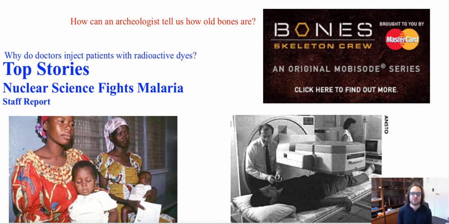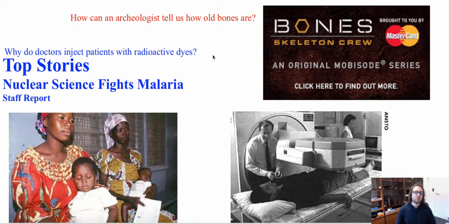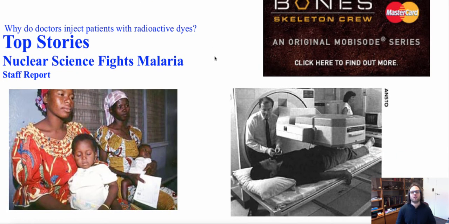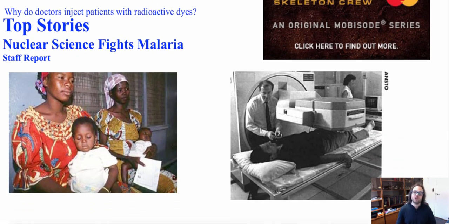Scientists have also been using radiation to fight malaria. How to do that? Well, they've been using alpha and beta decay, which is mostly ionizing radiation, to help sterilize mosquitoes that carry malaria. So they're sterilizing the male mosquitoes. So there are some benefits to humans by using radiation, as well as some catastrophes that it has caused.